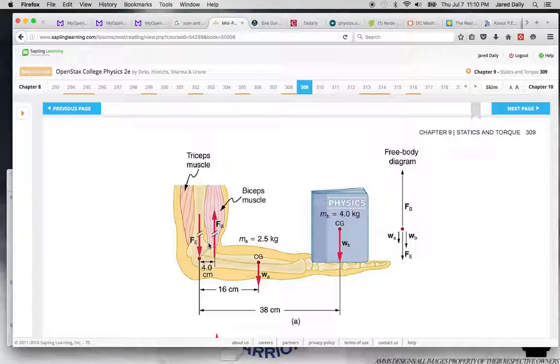The thing that lifts the object is your biceps muscle, which is extremely close to your elbow. You're lifting up this weight that's not very big, but the force that is applied here has to be huge. So your arm is not a very good machine. It has a very low mechanical advantage because you apply a huge force with your biceps muscle to lift something that's not very big.